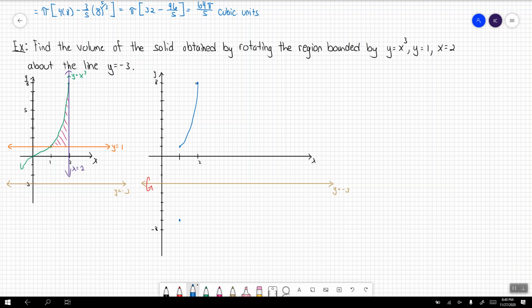All right. I'm going to do the same thing over here. This point is now going to be reflected downward. So if this is 8 measured from the positive x-axis, then it's measured 3 down below. Then that's going to be a total distance of 11. And that's going to be moving downward from this given axis of rotation.